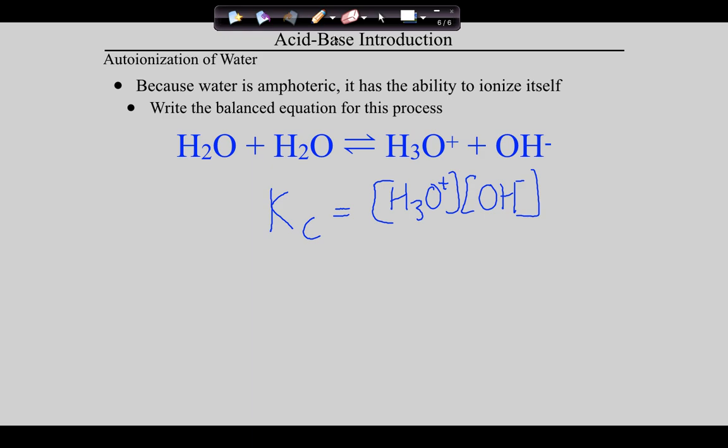Guys, what has got to be true of these two concentrations? I'm not talking math. I'm talking what has got to be true of these two concentrations. Right, because they have concentrations. But what has to be true of their values?